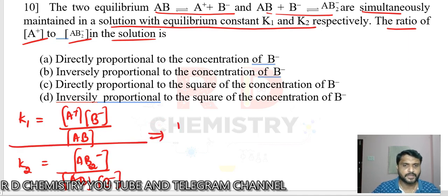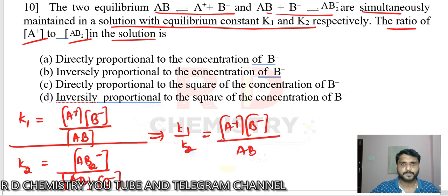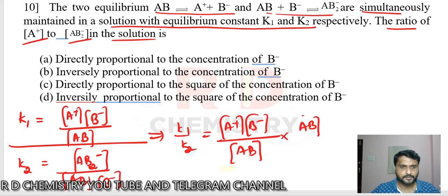When I take the ratio, K1 divided by K2 will be equal to A+ times B- divided by AB concentration. Now I'll write the other part: AB times B- concentration divided by AB2- concentration, the inverse.